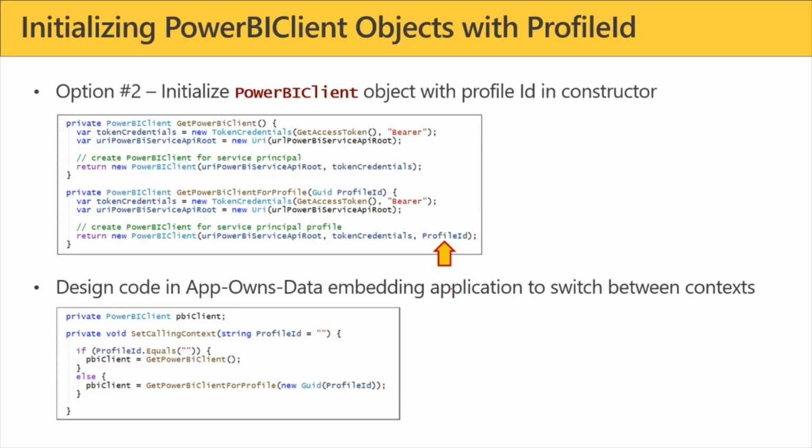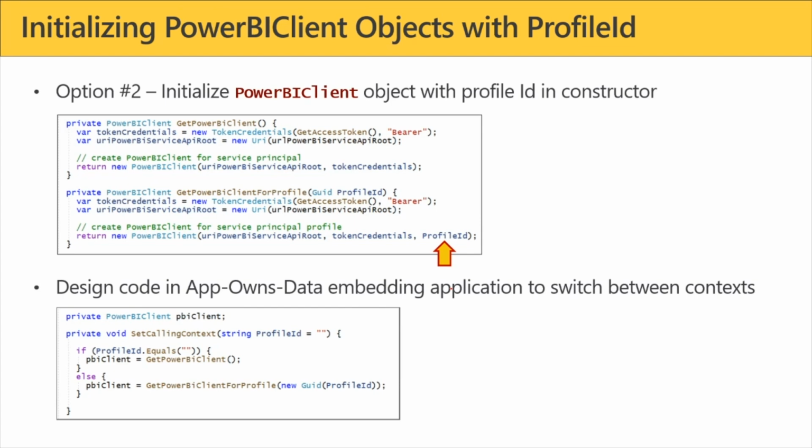So now you've seen that, the question is, when do I execute code as the parent service principal versus when do I execute code as a service principal profile? It turns out it's pretty easy. The parent service principal, you execute with that whenever you want to create or manage your profiles.